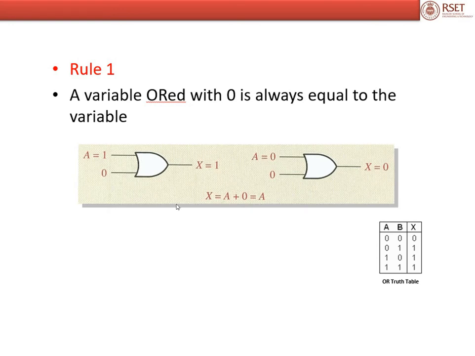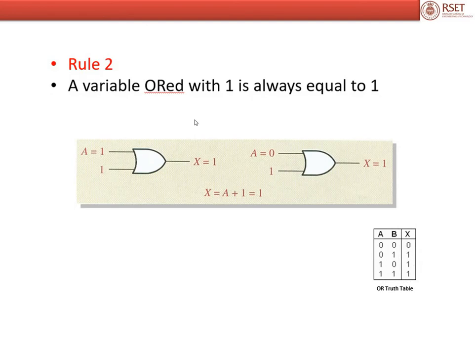So next input will be 0. So if you are looking here, 1 ORed with 0 is 1 and 0 ORed with 0 is 0 in case of OR gate. So the variable ORed with 0 will be always equal to the variable itself.